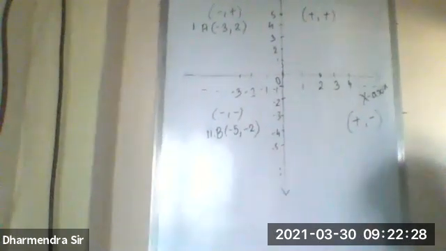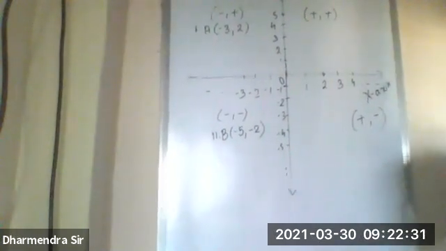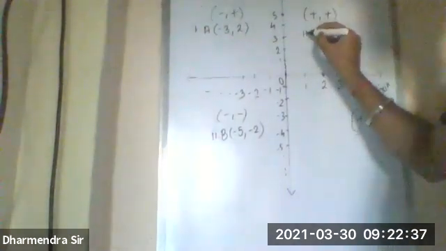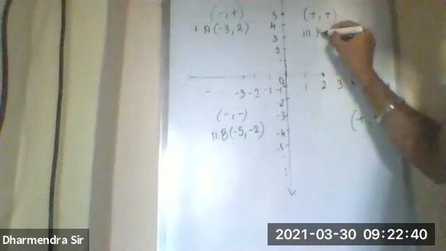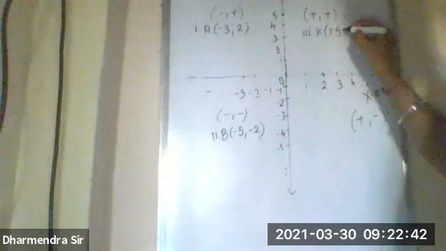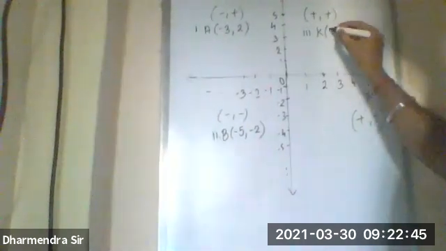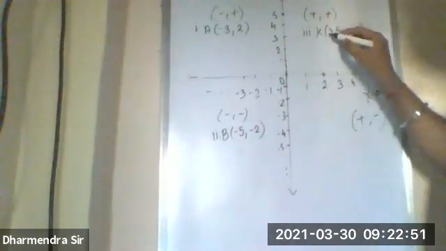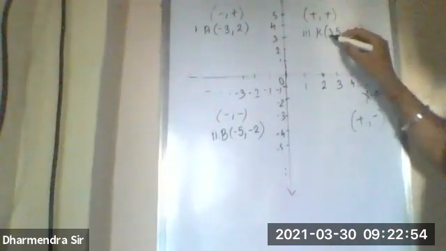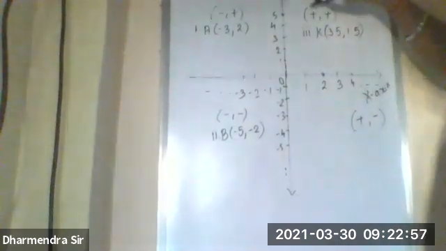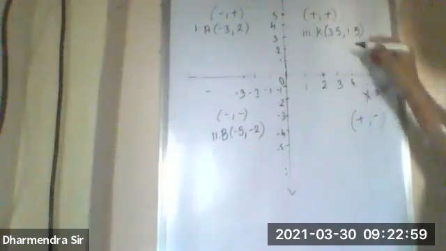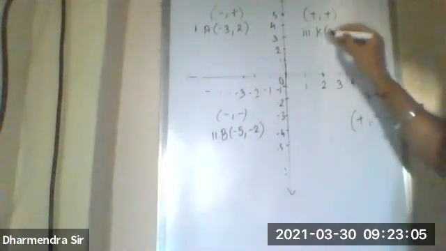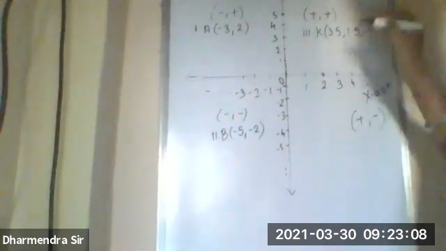Next, point K. K is having 3.5, 1.5. Don't go to the decimal, just see its sign. Positive, positive. X is positive, Y is positive. And you can see that in the first quadrant both signs are positive. Hence, point K lies in the first quadrant.